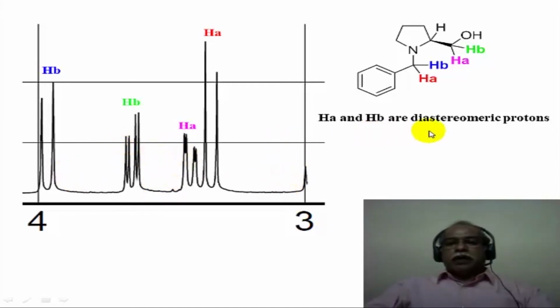So you have two diastereomeric pairs of hydrogens, AB and AB, color coded with different colors in this spectrum. The delta values for the red A and B would correspond to analyzing this doublet and this doublet here. The delta values for the magenta A and the green B would correspond to analyzing these lines here and these lines here as an AB quartet, which is further split by this hydrogen into a doublet spectral pattern.